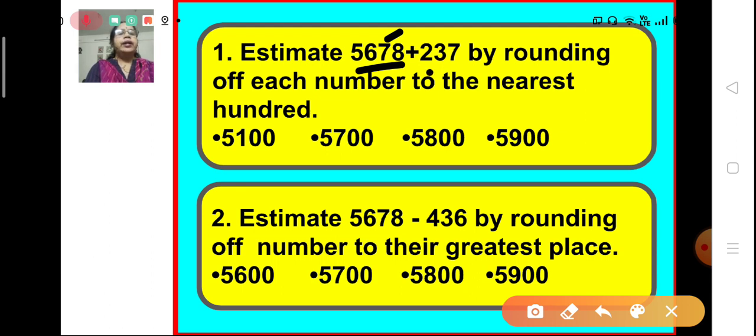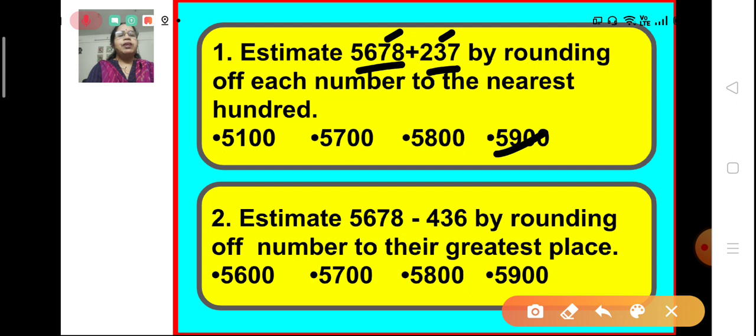For 237, to round off to the nearest 100, we look at the digit in tens place, that is 3. So 237 can be rounded off as 200. So 5700 plus 200 becomes 5900. So this is the correct option.